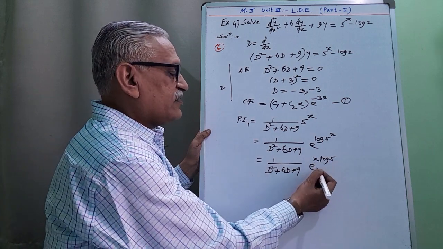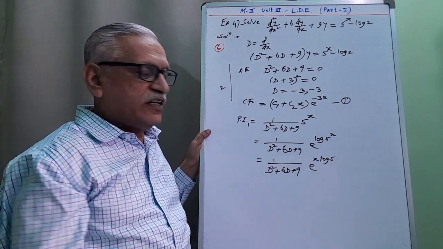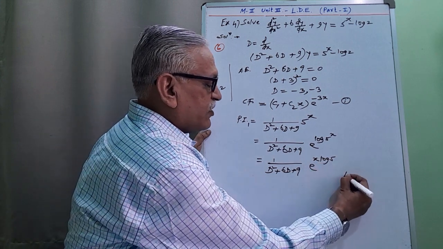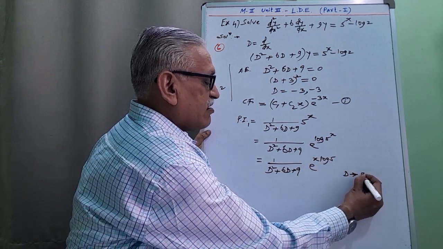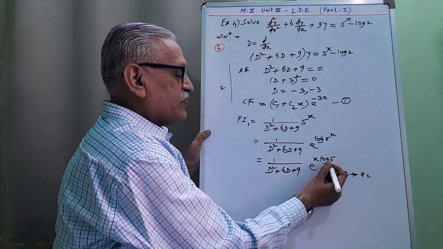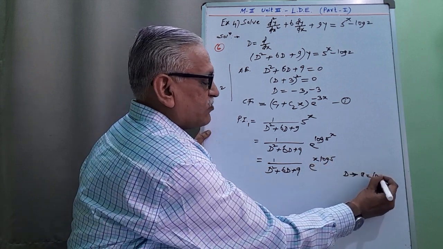And then it is converted into the first case, e raised to ax type, where we have to replace D by a. A is here the coefficient of x, that is log 5.